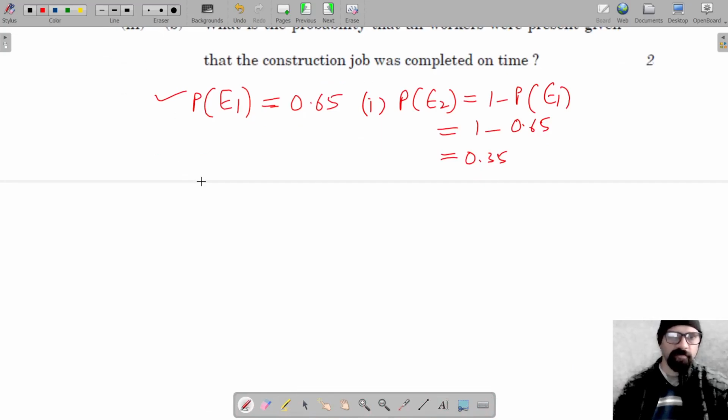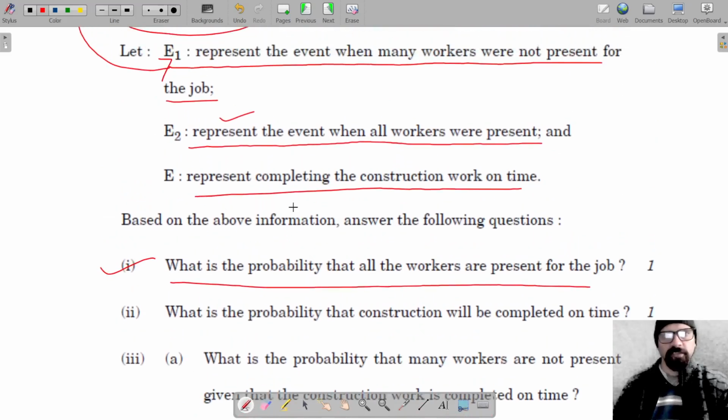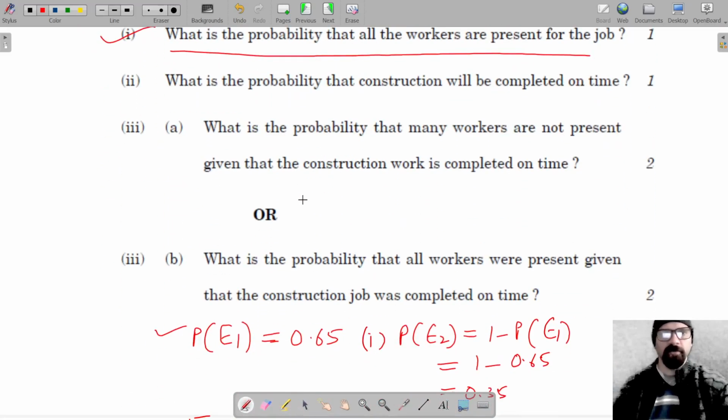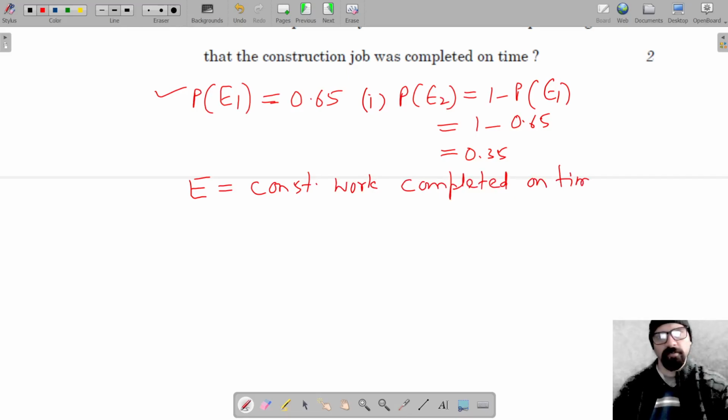So E is the event that construction work is completed on time.